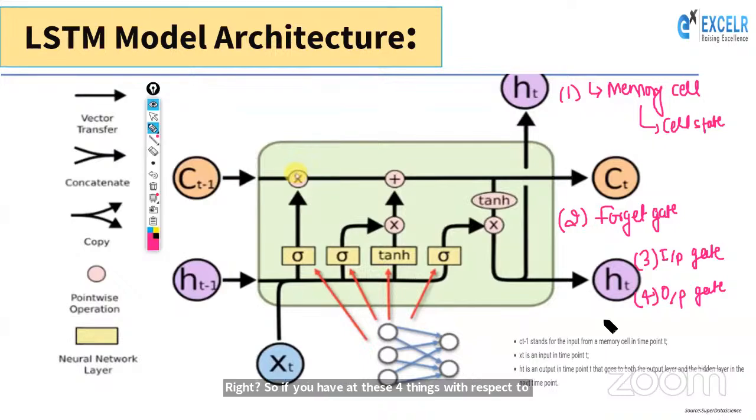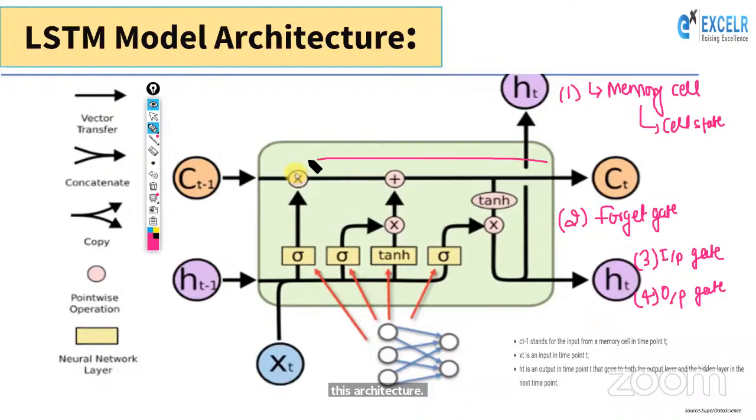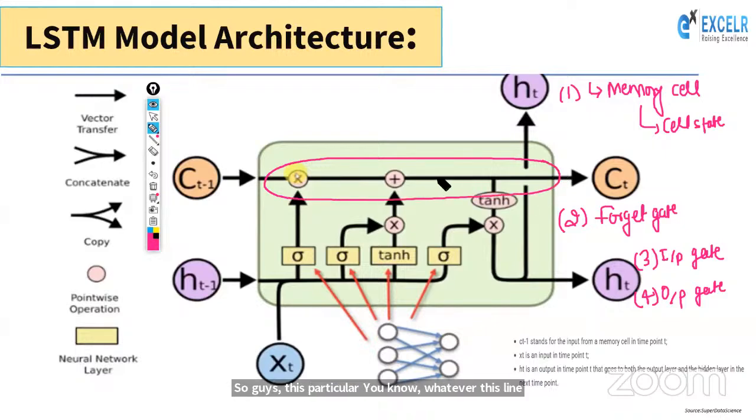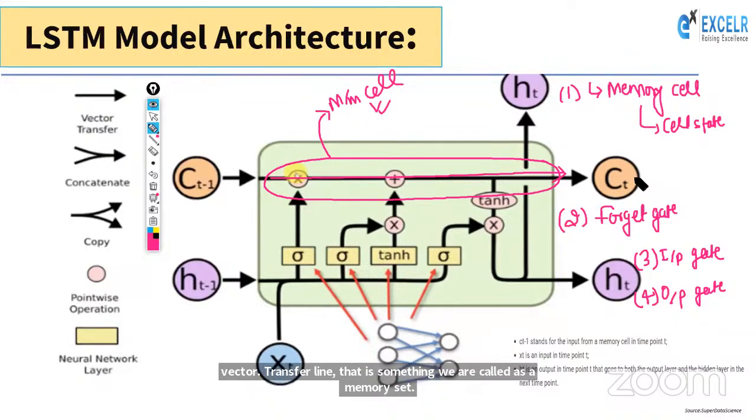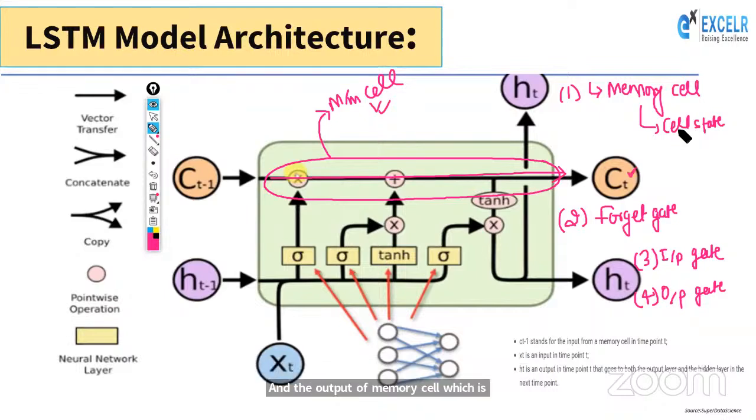Now let me show you where all of these things are put into this architecture. Guys, this line you are seeing, this vector transfer, is something we call the memory cell. Whatever things are present in this vector transfer line is what we call the memory cell. And the output of the memory cell, which is C t in this case, we call the cell state.